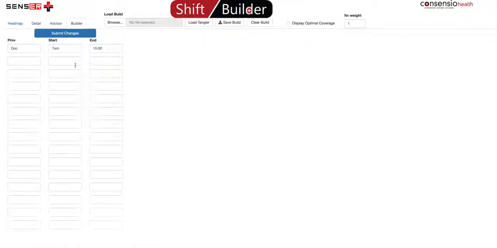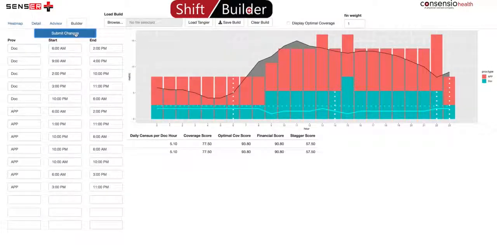Likewise, we can then go ahead and use this pattern in order to build a schedule that then addresses the specific needs of this department. So if we have a need to bring in a provider just a bit earlier, it'd be fairly easy to make adjustments and do that on the fly and see how those changes address the need of that particular clinical site.